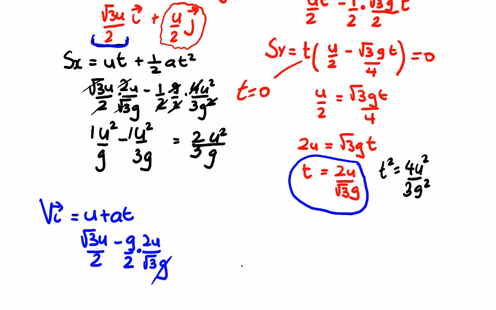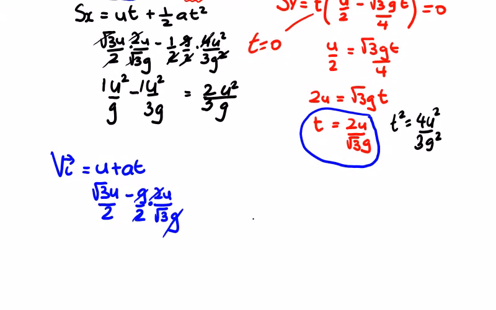The g's will cancel, the 2's will cancel, so we get root 3 u over 2 minus u over root 3.